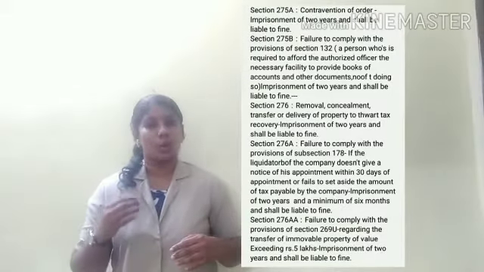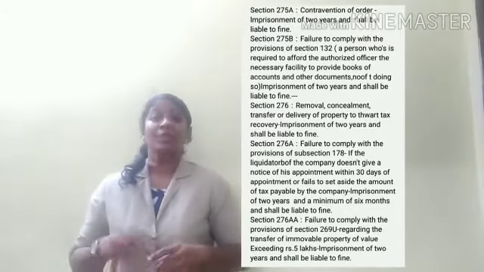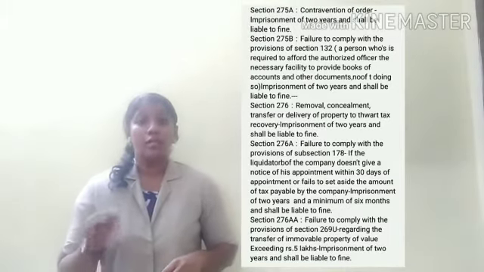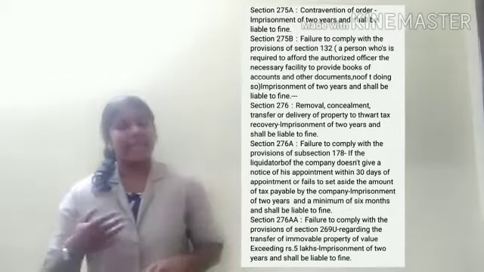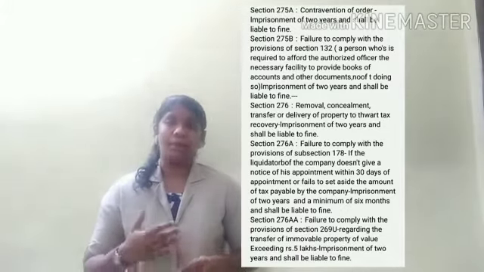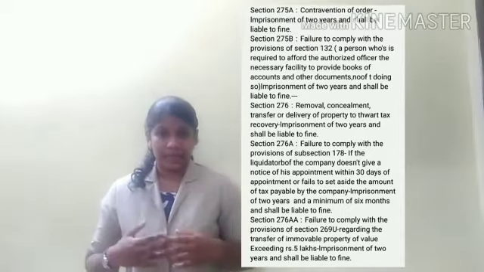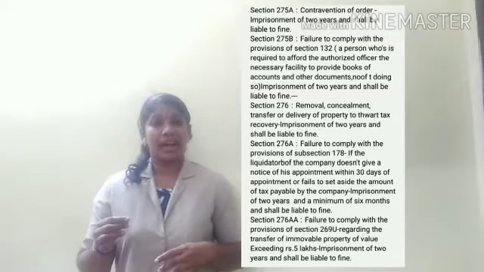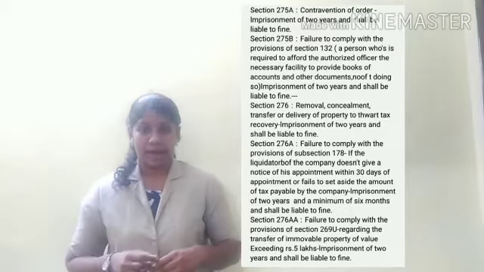Which is defined under section 275A, and they shall be liable for rigorous imprisonment for a maximum period of 2 years, which may extend to 2 years, and they shall be liable for a fine. That is the contravention of order, defined under section 275A of the Income Tax Act of 1961.